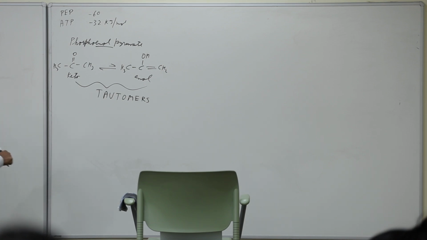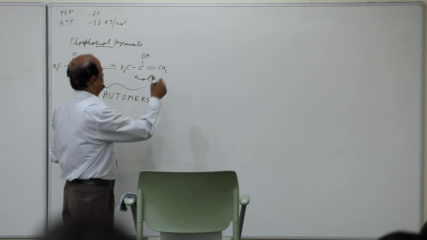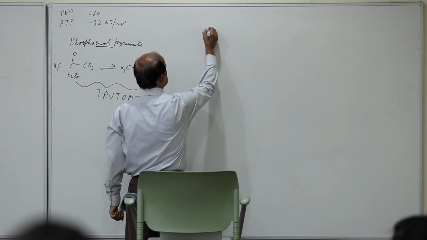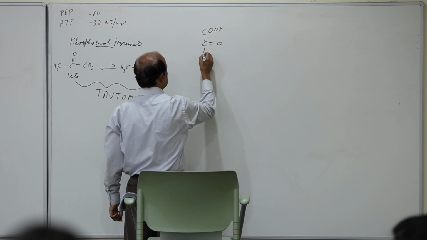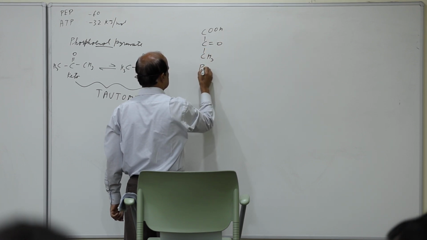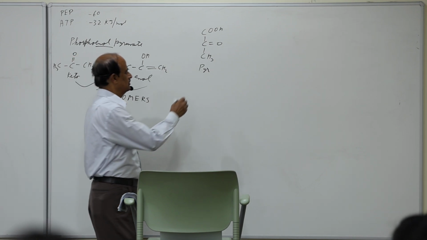But usually the enol is more unstable, and this molecule, phosphoenol pyruvate, so here is pyruvate. And this will also exist as the enol.